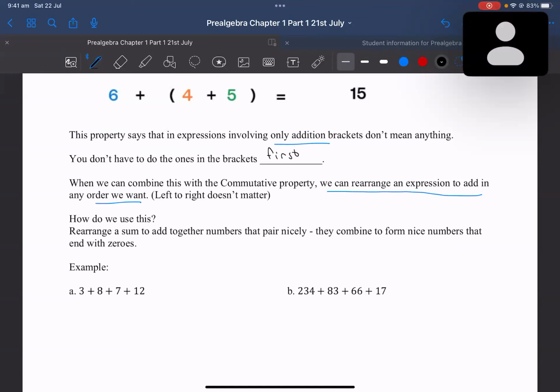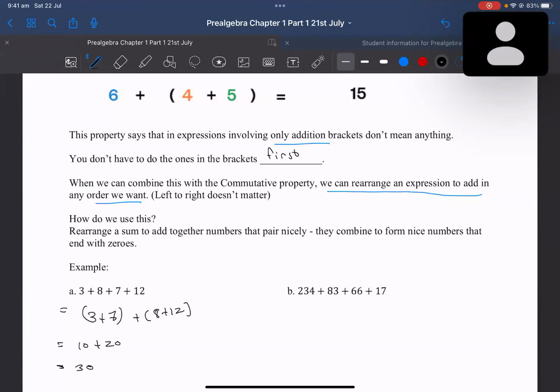We rearrange sums to add together numbers that pair nicely, which you guys probably already do. For example, here we rearrange this to make it 3 plus 7 plus 8 plus 12, because 3 and 7 pair nicely, and 8 and 12 pair nicely. So you end up with 10 plus 20 equals 30. That's a lot easier than doing it directly left to right.